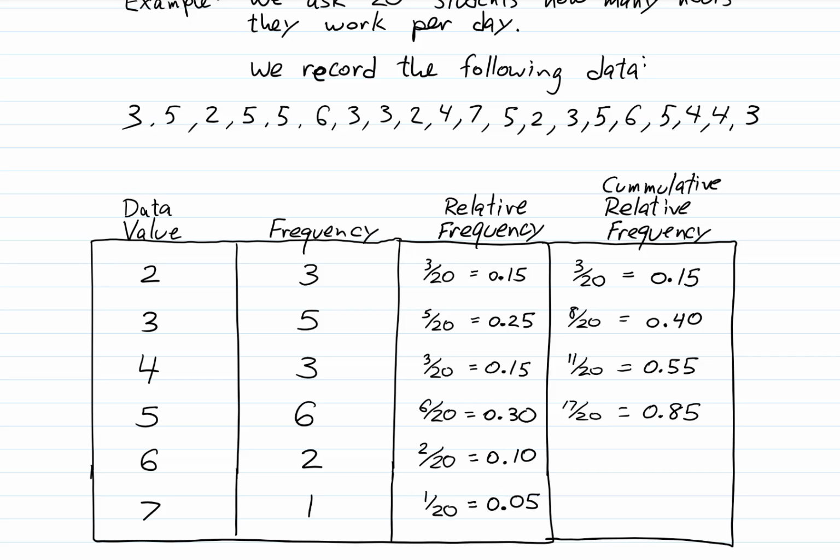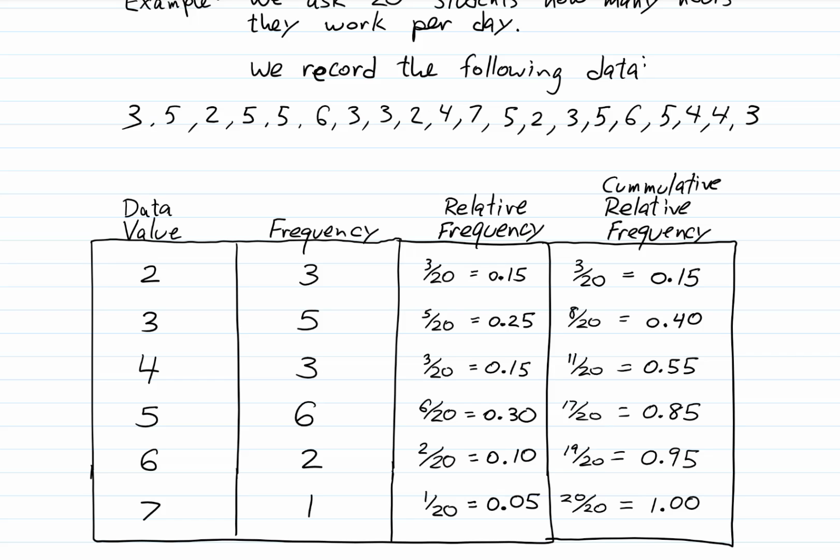For 6, the cumulative relative frequency is 19 out of 20, which is the same as the decimal 0.95 or 95%. And for 7, the cumulative relative frequency is guaranteed to be 20 out of 20 because that's the highest data point. When you count the data points equal to or less than that, you're going to end up counting all of the data points. As a decimal, that's 1. As a percent, that's 100%.